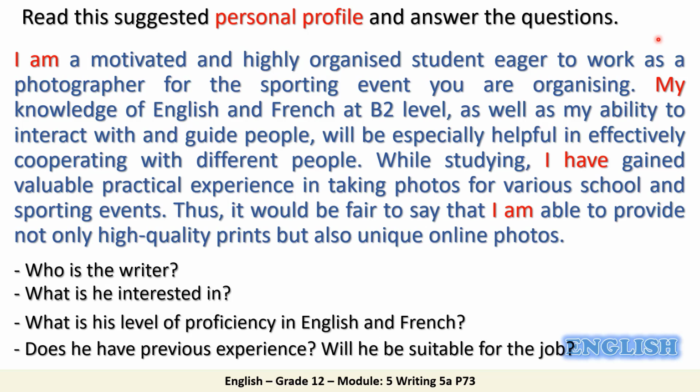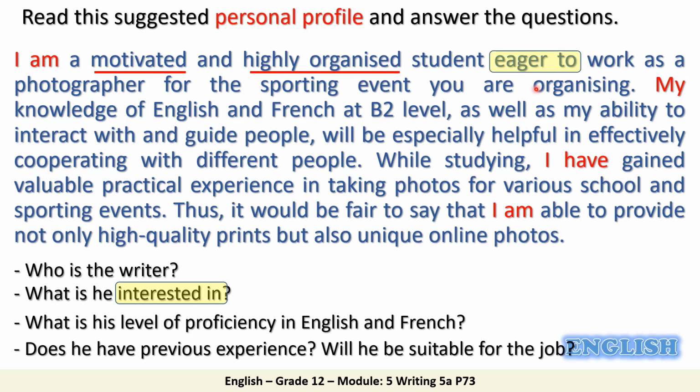Remember that we start our personal profile with showing who we are and our skills that can be relevant to the job position. Here is what the writer says. He says, I am a motivated and highly organized student. And he is interested in working as a photographer, right, for the sporting event you are organizing.